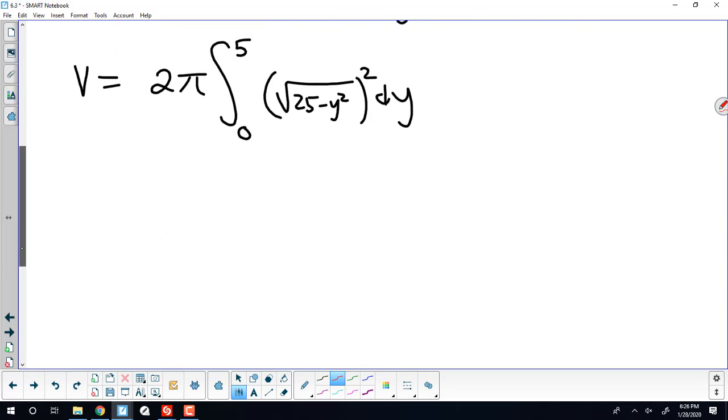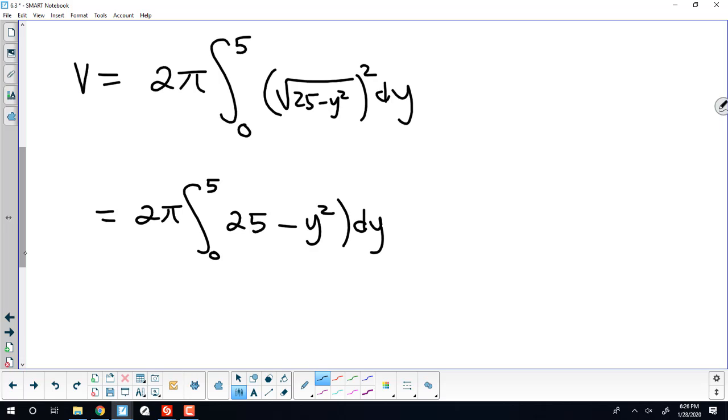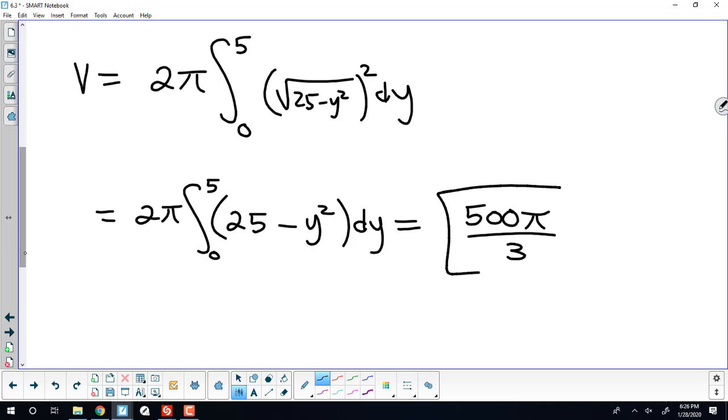All right, so then we'll just write this out here. 2 pi. And so this just becomes the power rule for antiderivatives. So of course that's the long-winded way to get there. We could also verify that it's correct by just using the formula for a sphere, right?